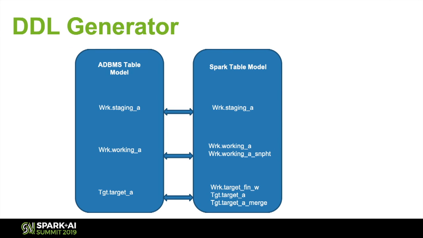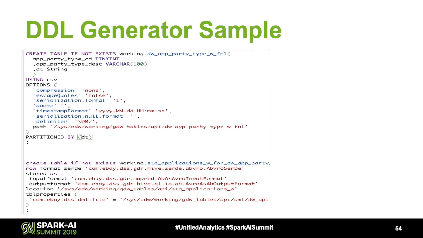Here is the table model mapping between ADBMS and Spark we have already known. And here are two samples for the state tables. One is CSV, and the other one is a customized input format to read the ETL2-specific files.